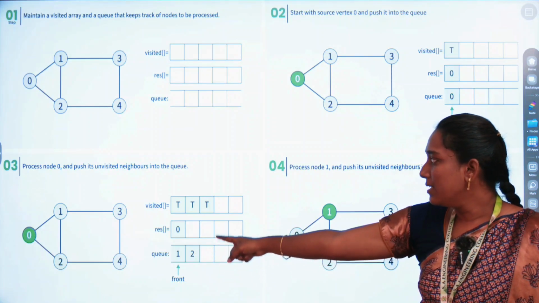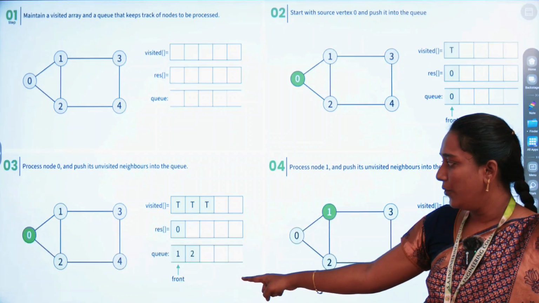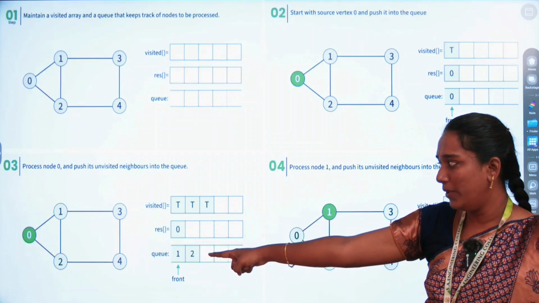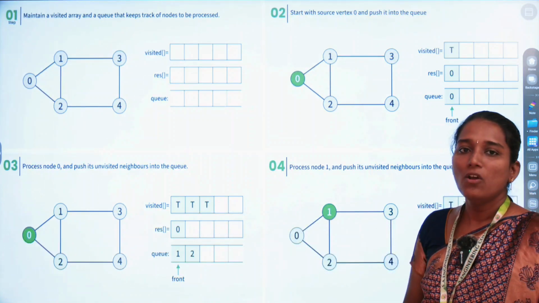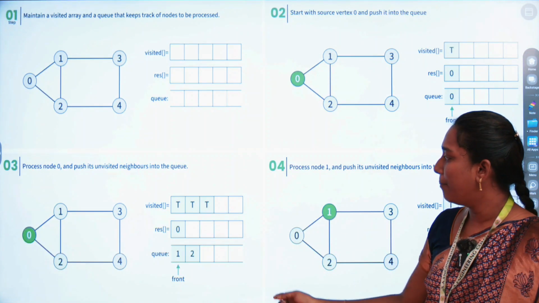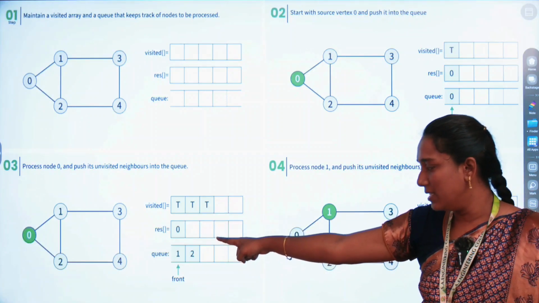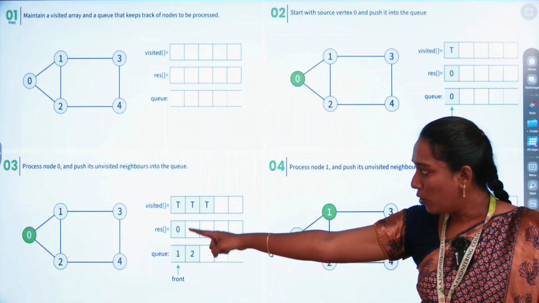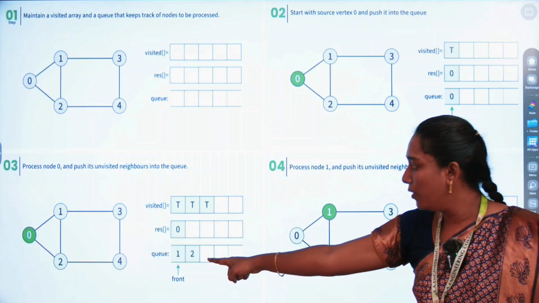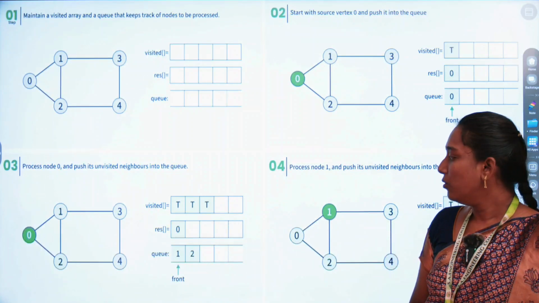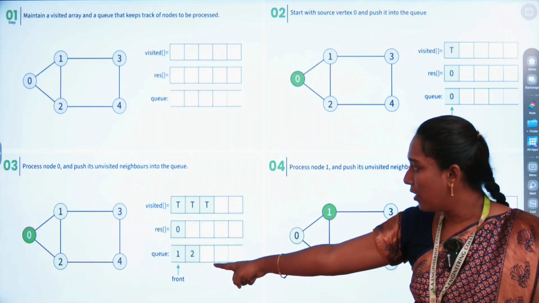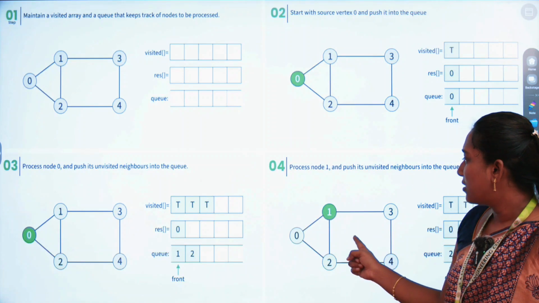Now the second step is visited, RES, Q. Node 0 explores 1 and 2. So RES is equal to 0, that node has been already visited, and the nodes 1 and 2 explored from 0 will be there in the queue.